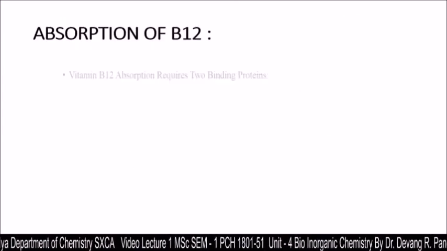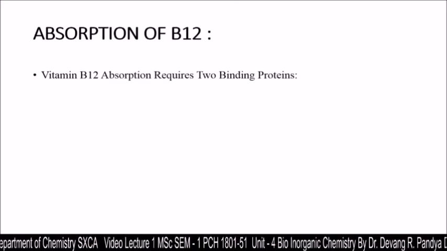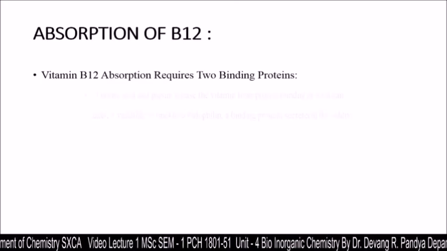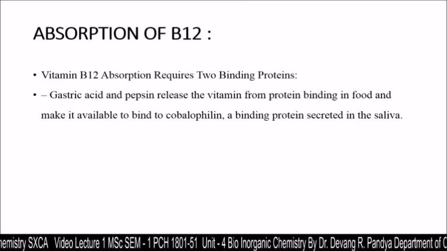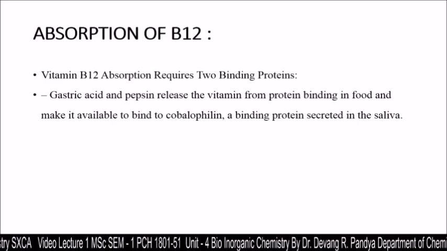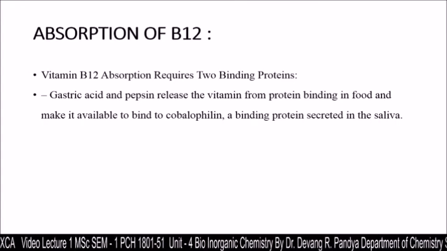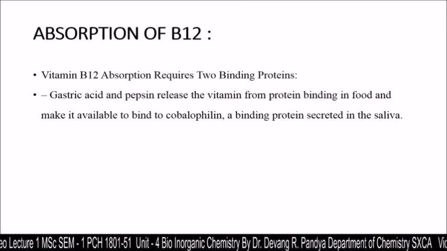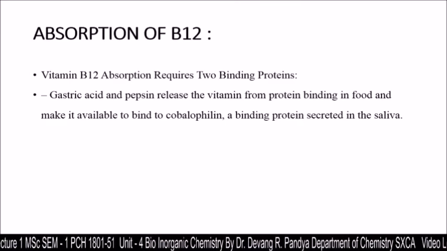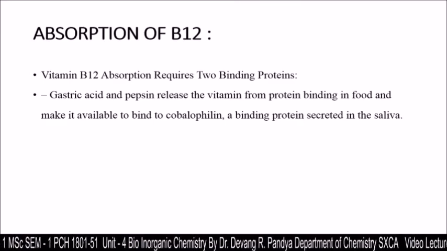Absorption of vitamin B12. Vitamin B12 absorption requires two binding proteins. Gastric acid and pepsin release the vitamin from protein binding in food and make it available to bind to cobalophilin, a binding protein secreted in the saliva.